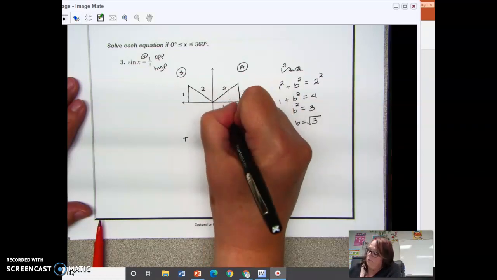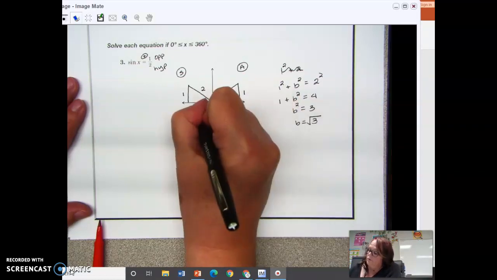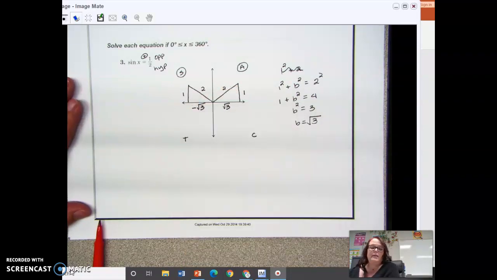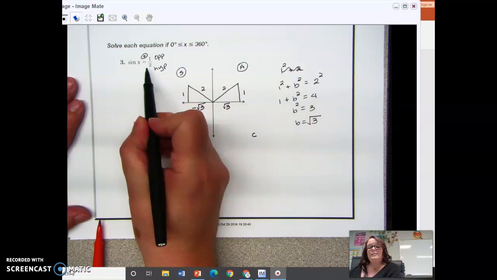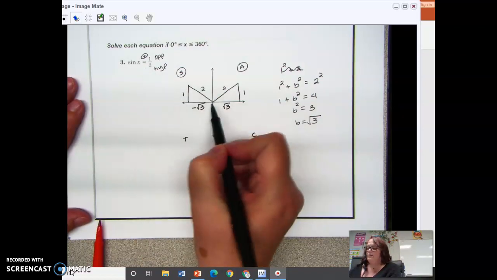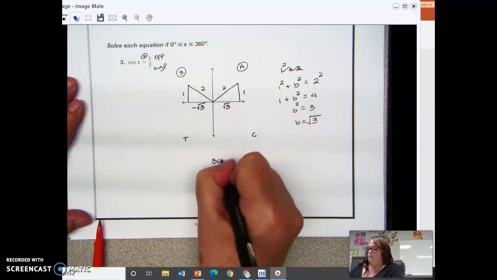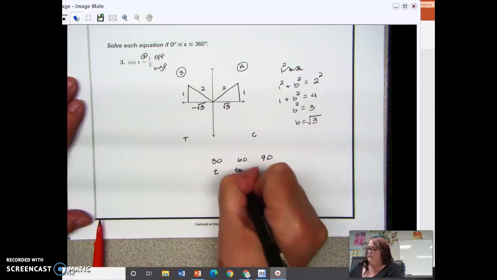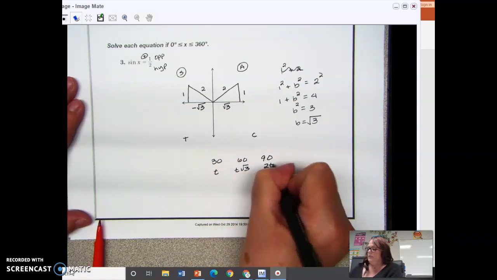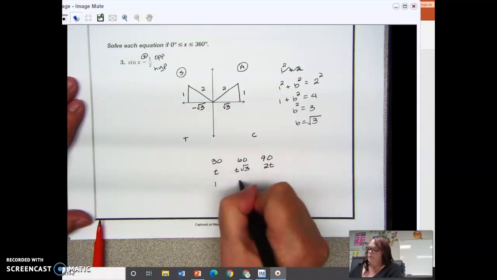So I could either go root 3 to the right, or I could go root 3 to the left, and I still end up with a positive sign. So again, if the 1/2 didn't give you the 30, 60, 90 feels, then hopefully you have the 30, 60, 90 feels now. So if we set up that tic-tac-toe, we're going to say this is t root 3, and this is 2t. And we're going to let t be 1.